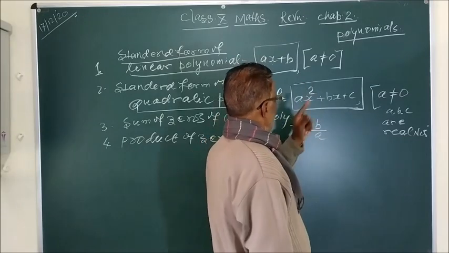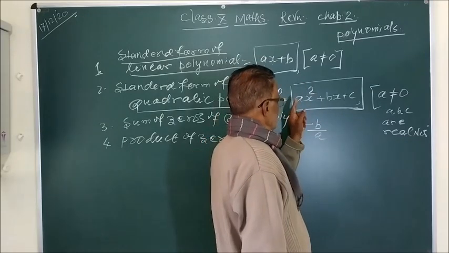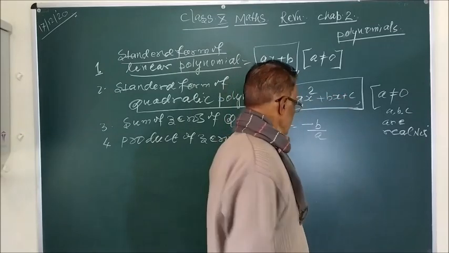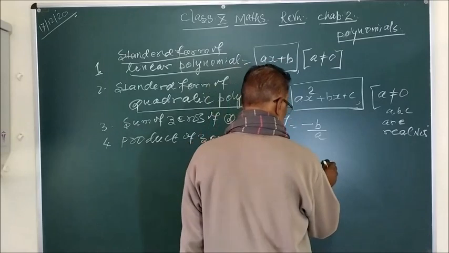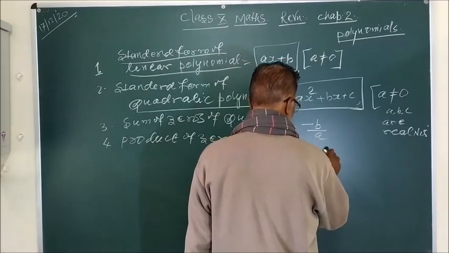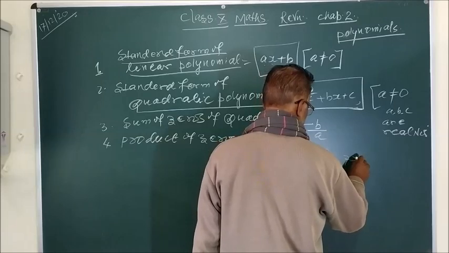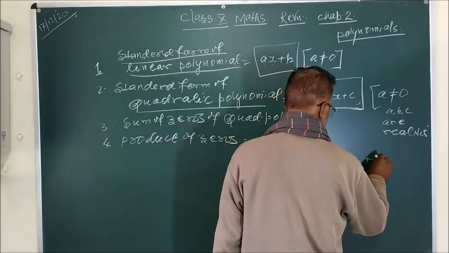So quadratic polynomial, standard form ax squared plus bx plus c. Many examples you can see. Suppose x squared minus 7x plus 10.